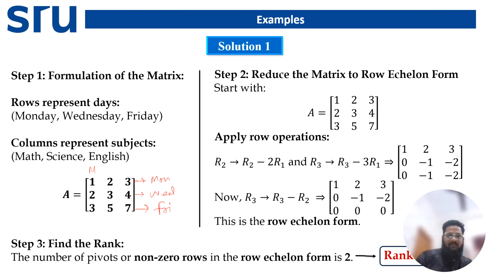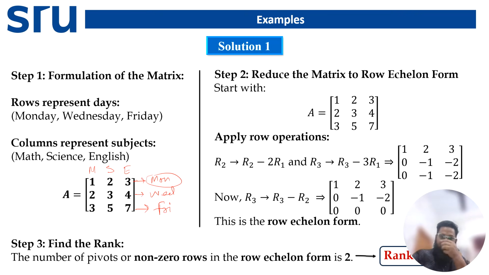Suppose this is math, this is science, this is English. So on the Monday, the student decided to study 1 hour math, 2 hours science, 3 hours English. Similarly for Wednesday, 2 hours math, 3 hours science, 4 hours English. Like that we can formulate the matrix.